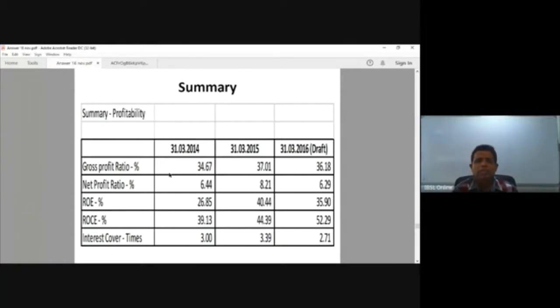It's very much below 10%, almost 6%. In ROE, there is an increasing trend, acceptable. ROCE also has an increasing trend and is well above acceptable ratios. Interest cover has a decline, but 3 times is very acceptable.